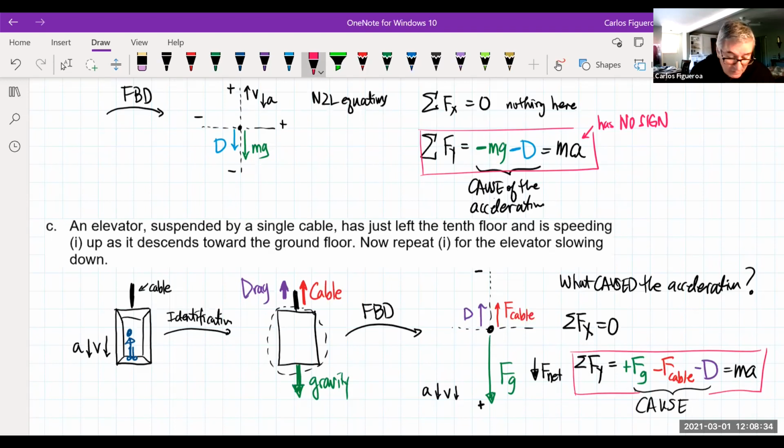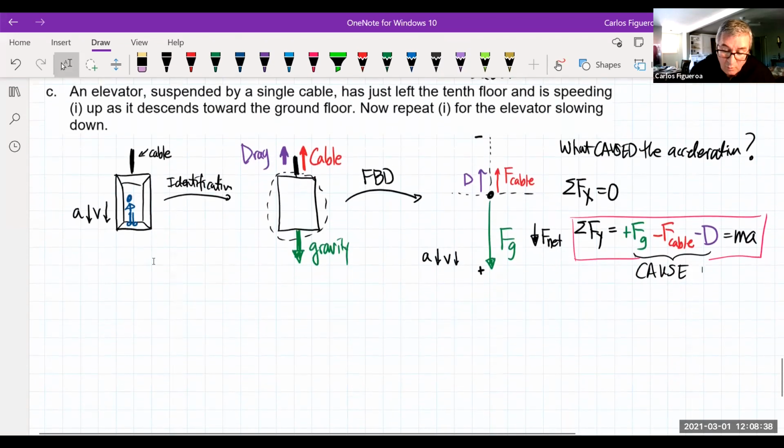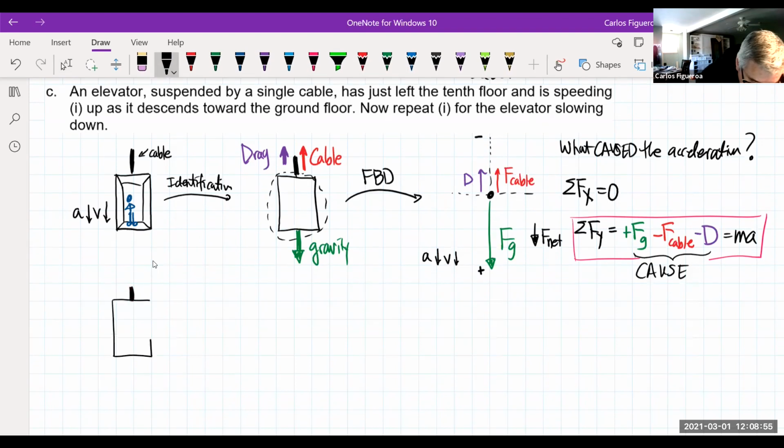So if I continue with the second part of this question, it says, what if the elevator is slowing down? If the elevator is slowing down, then we have roughly the same type of scenario. Again, we have our elevator. Even though the elevator is slowing down, the acceleration has to be positive.